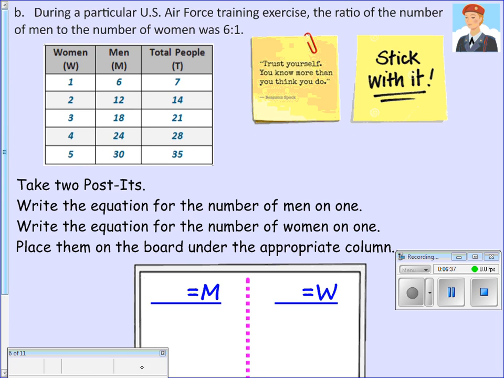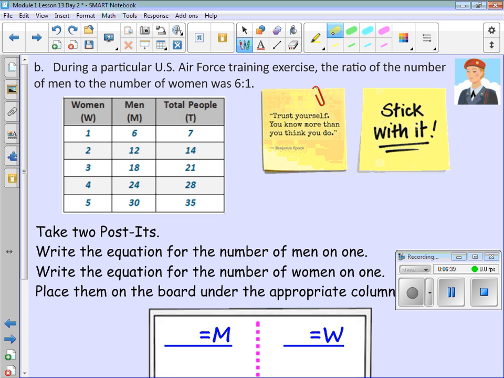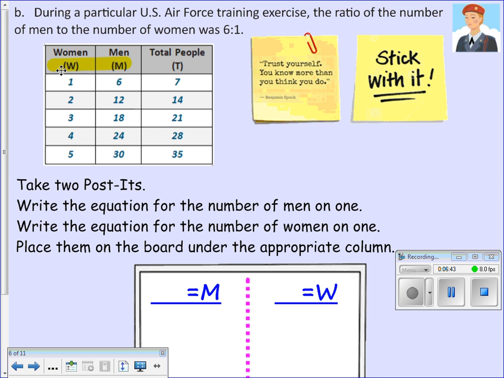Use your highlighter. What did we do to the women, the number of women, to find the number of men? We took the number of women and multiplied it by 6. So 6 times the number of women equals the men. But now to go from the number of men to the number of women, what did we have to do to the number of men?